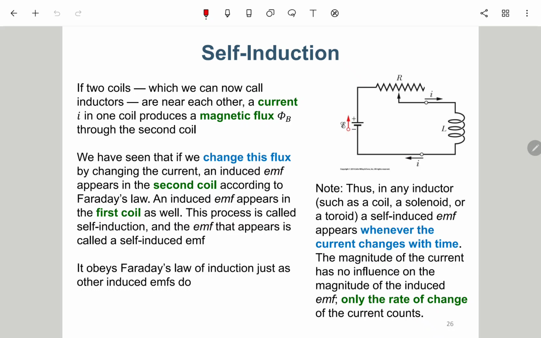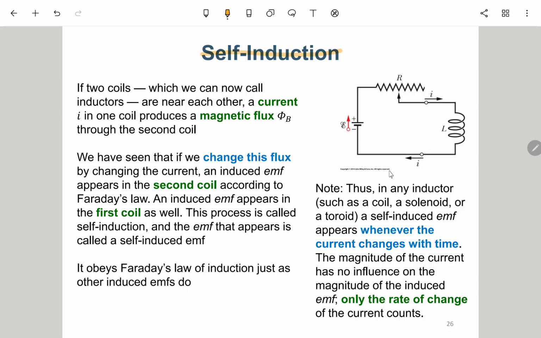Okay, so here we have a phenomenon called self-induction. Here, if two coils, which we can now call inductors, are near each other. Actually, if we assume an inductor with more than one turn, two turns or more than two turns are also okay.